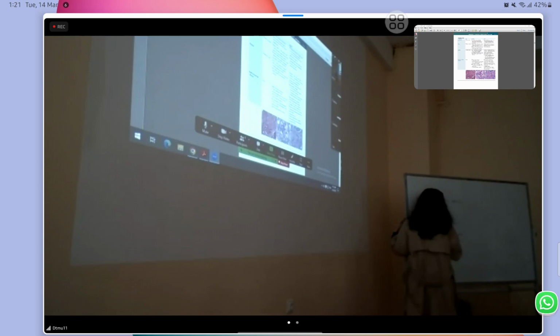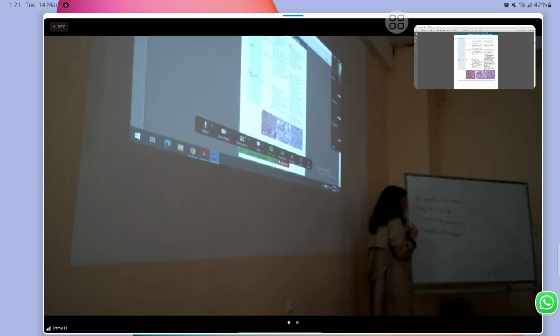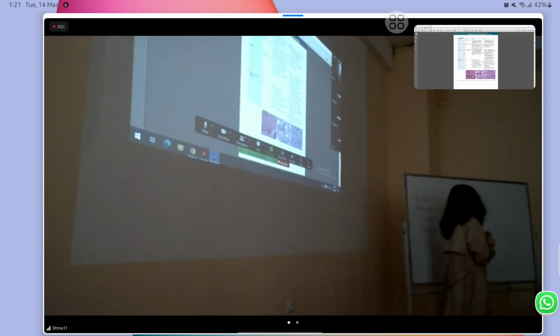What can be the example of xenograft? Big ones. Yes. Like our typical, which can be taken from big pigs, for example.